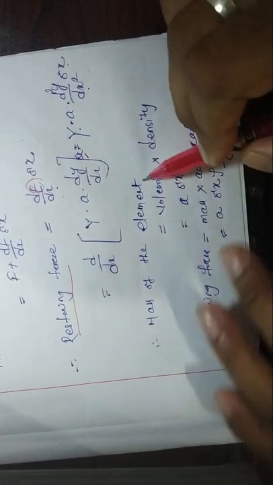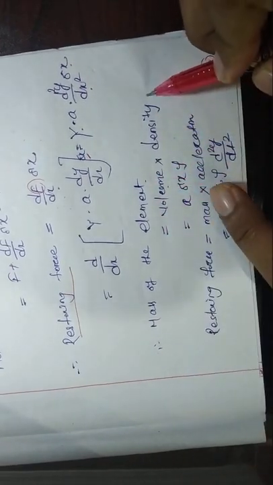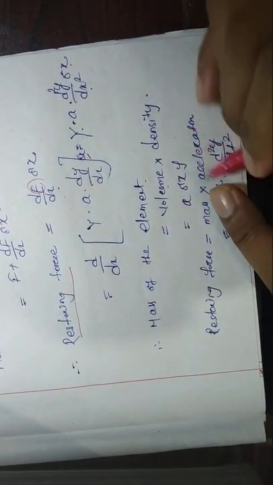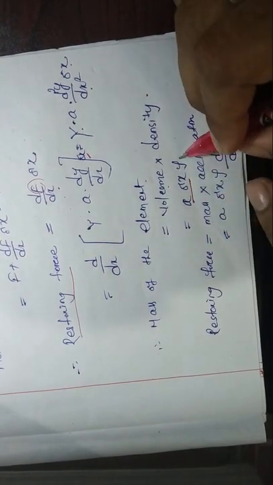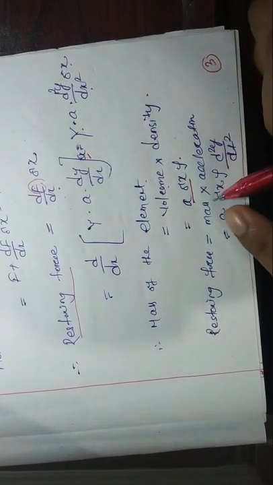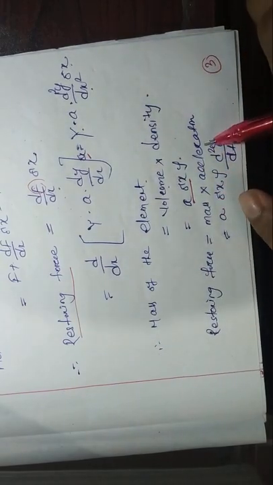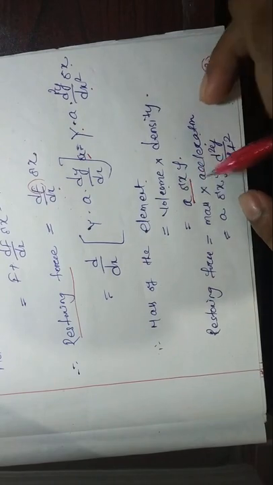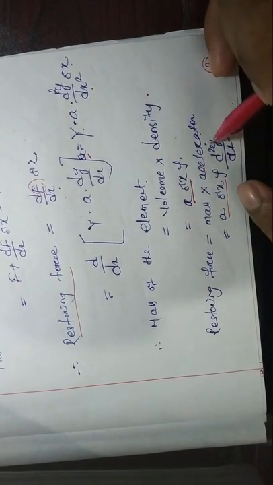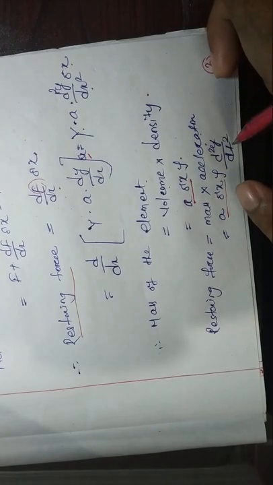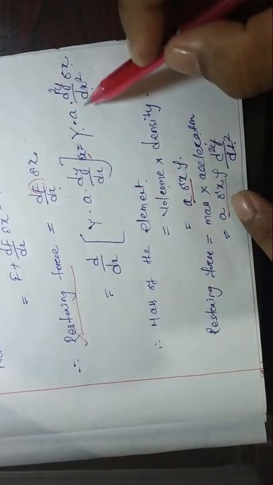Mass of the element is volume into density. The volume is area into length, A into delta x, and rho is the density. The restoring force will be mass into acceleration. This will be A delta x rho, the mass, and acceleration is del square y by dt square.